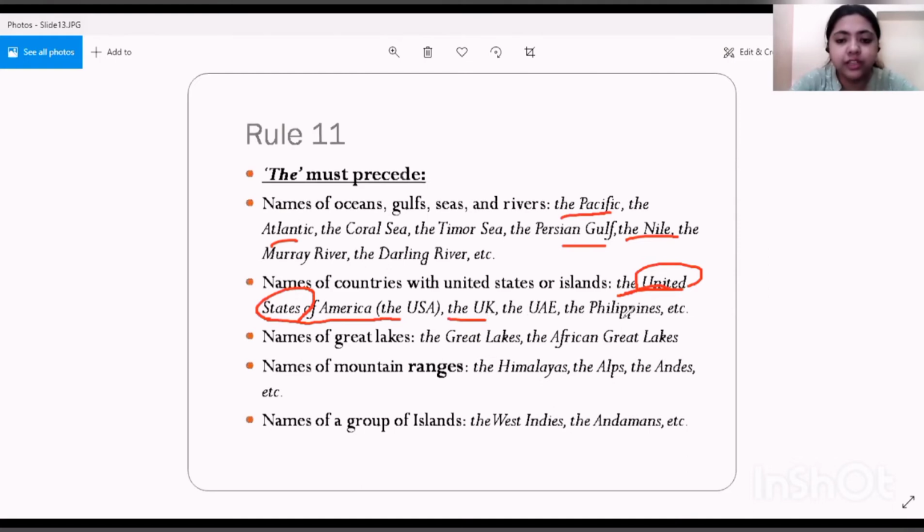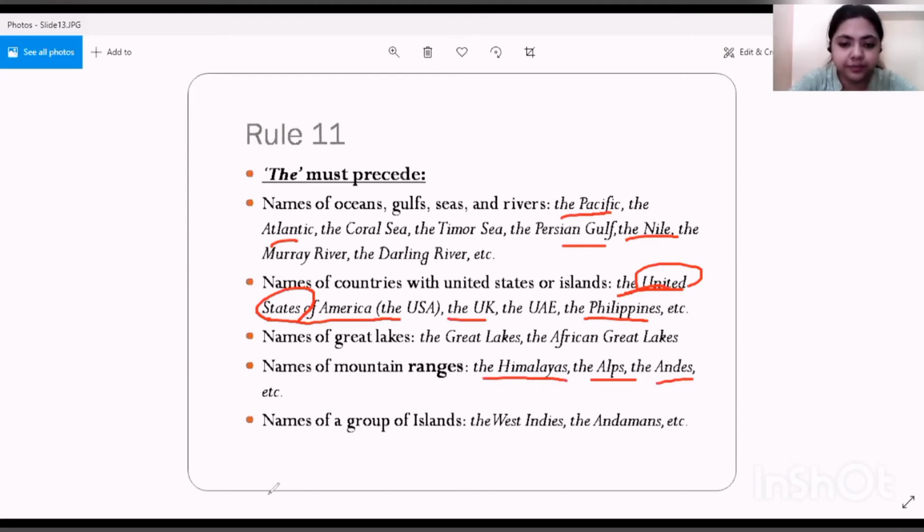Then the Philippines is the name of a group of islands. Names of Great Lakes, the African Great Lakes. Before lakes also we use the definite article the. Then names of mountain ranges are also preceded by the definite article the. For example, the Himalayas, the Alps, the Andes.